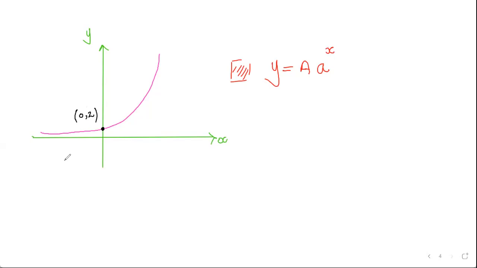Imagine I have graphing paper, it's easy to find it. I look at the paper and I say, okay, it's 2 along the y. Now, imagine if the x is 1, we measure the y of this point. On the graphing paper, for example, it represents the point (1, 6).